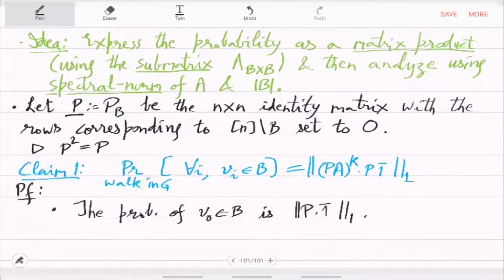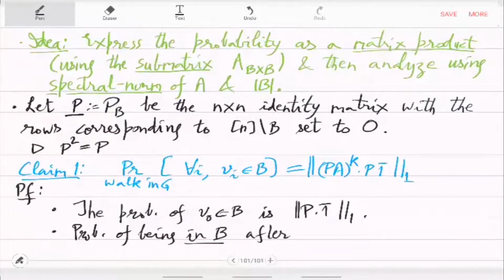So how many vertices there are, and you can be in each of them with probability 1 by n. So it is true for k equal to 0. Now the probability of being in B after one step, the k equal to 1 case.